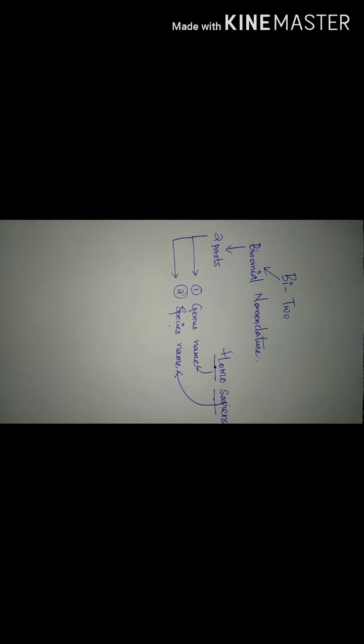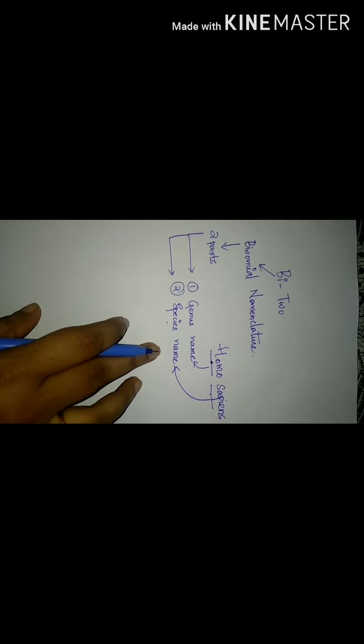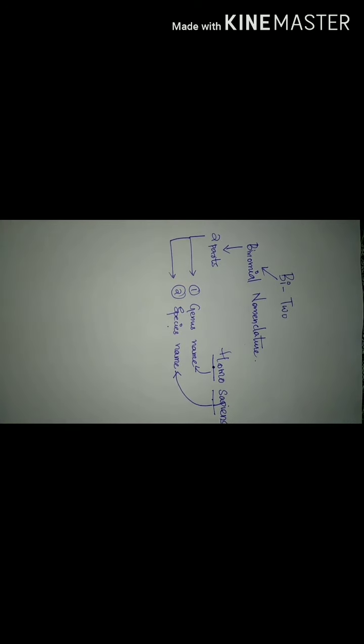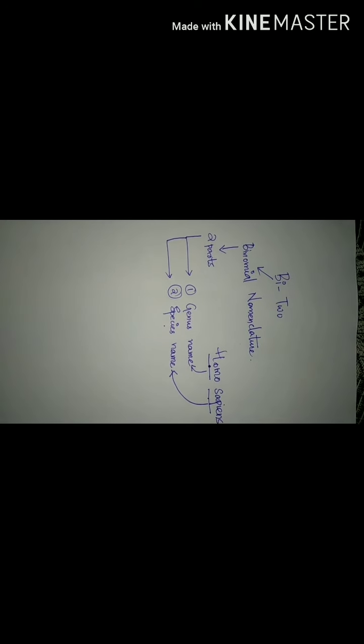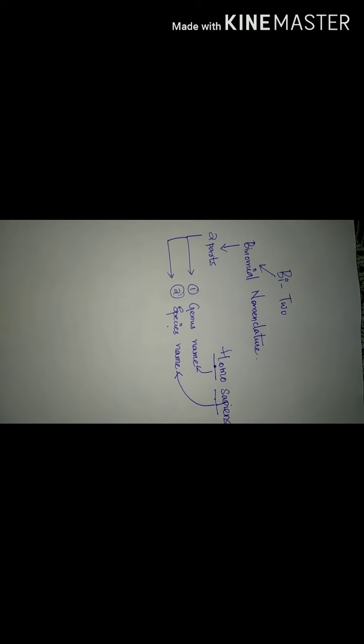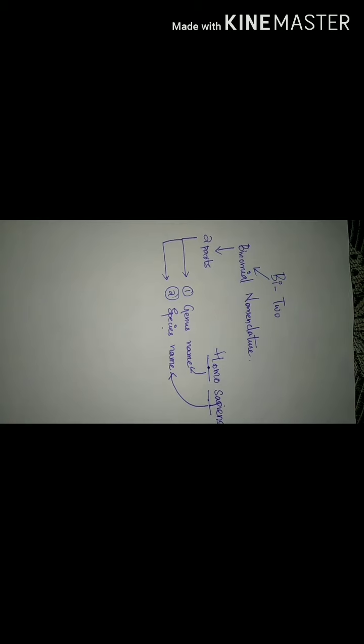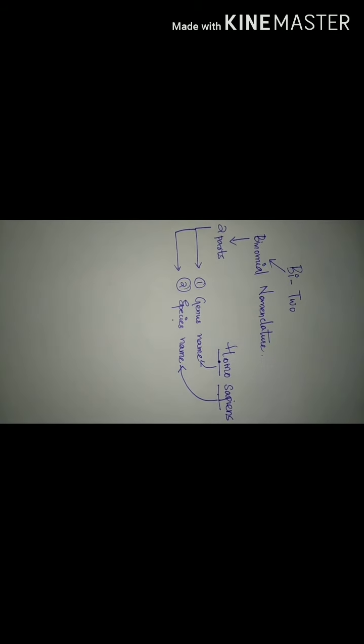Before writing, we have to understand that if we are typing these binomial names in a document, we have to italicize these names. That is, we have to make them somewhat curved or slanted, and like that we have to italicize these names if we are typing them.